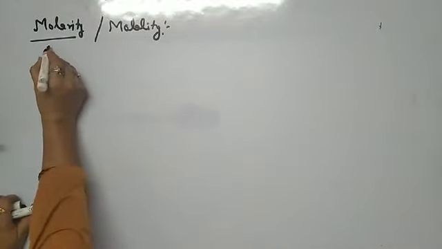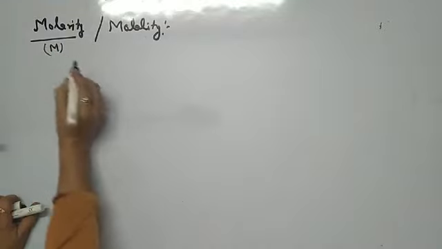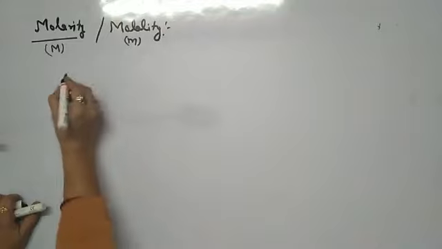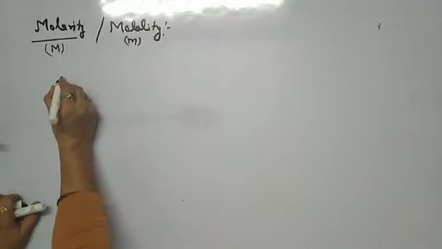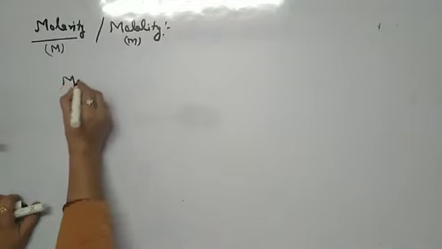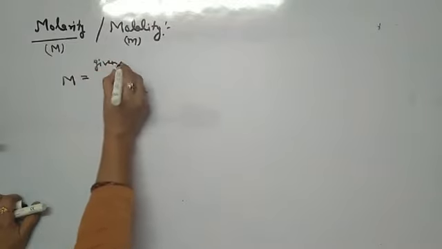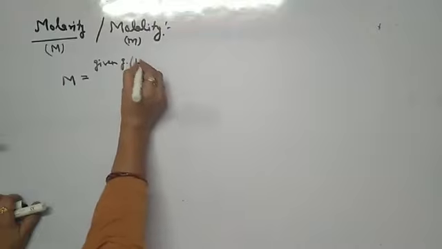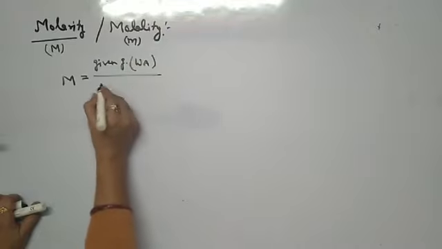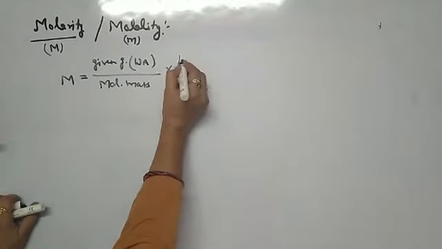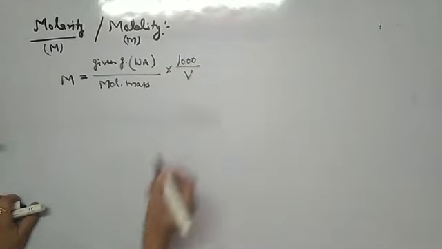As we discussed yesterday, molarity is denoted by capital M and molality by small m. So molarity is equal to the given gram value upon molar mass into 1000 upon volume.